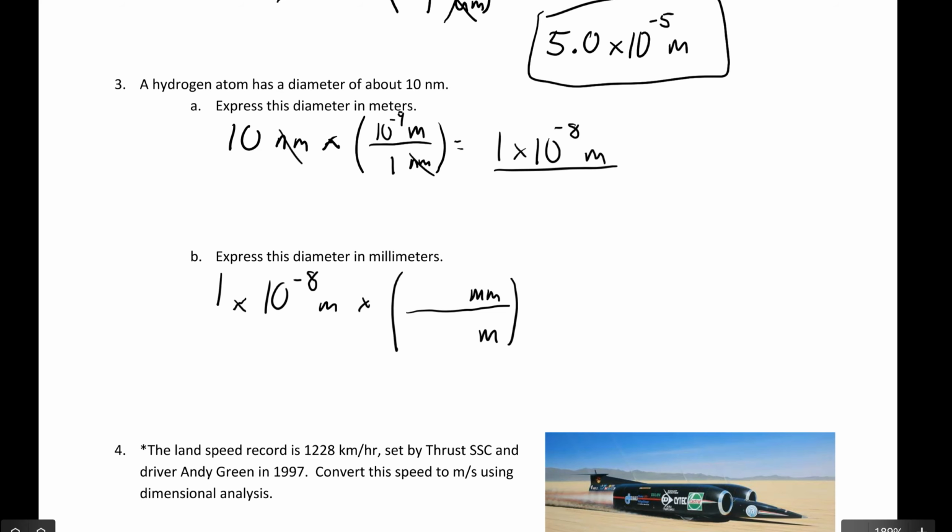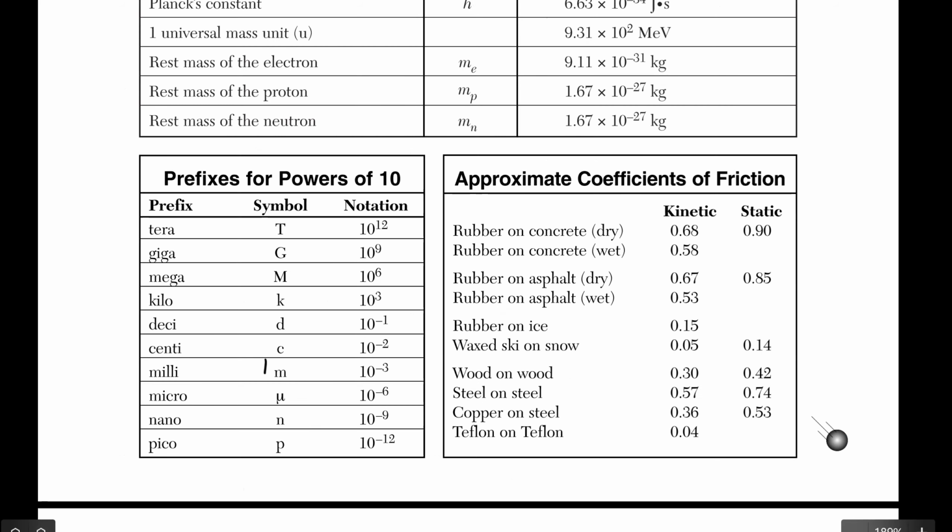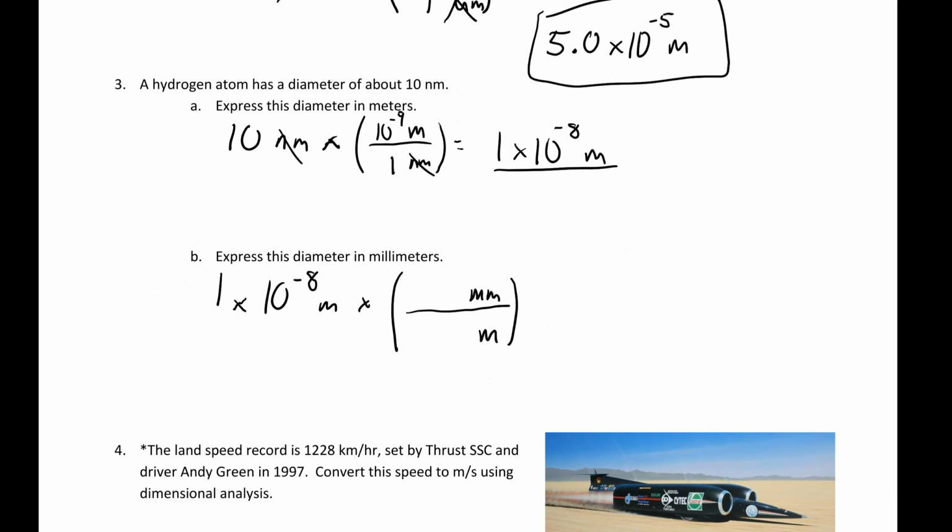So what's the prefix for milli? 1 millimeter is equal to 10 to the negative 3 meters, a small amount of meters. So we'll write those numbers in. 1 millimeter is equal to 10 to the negative 3 meters.